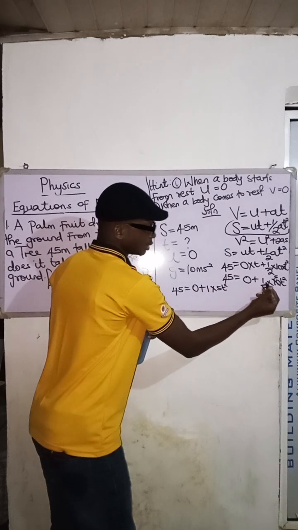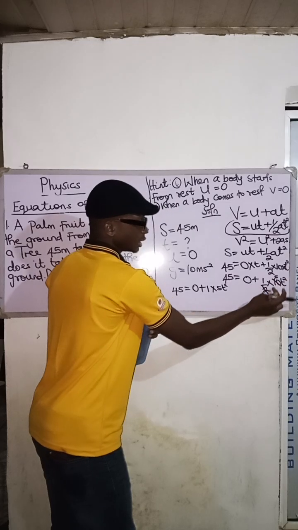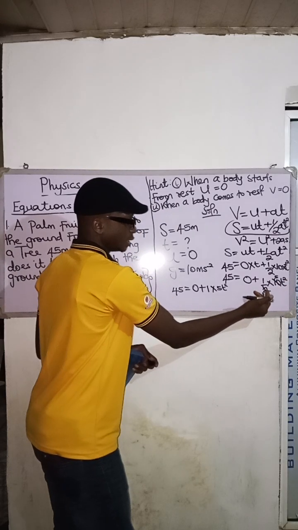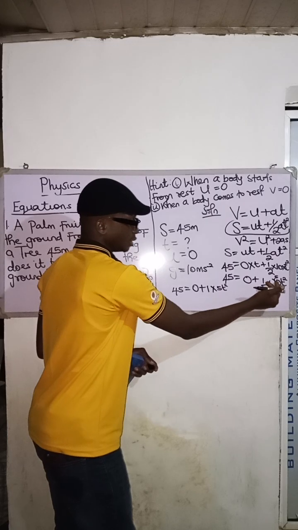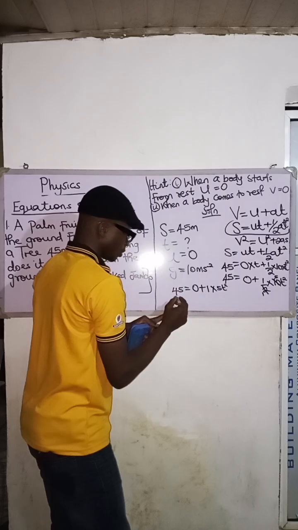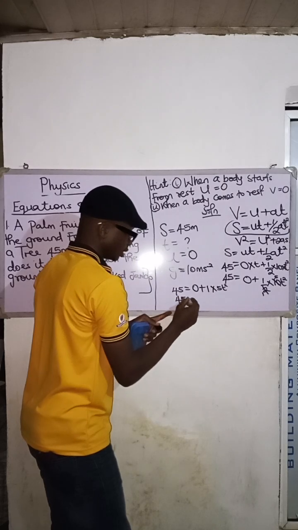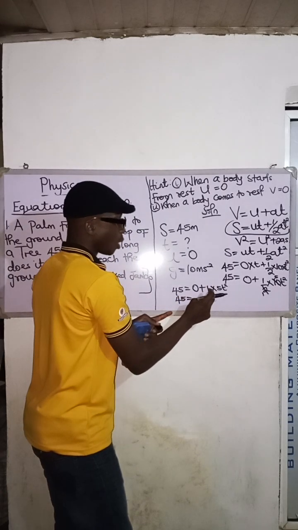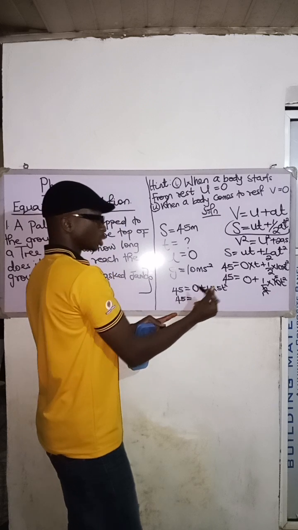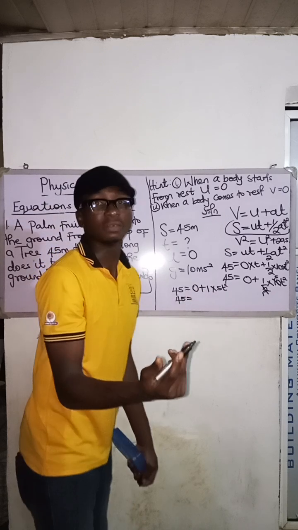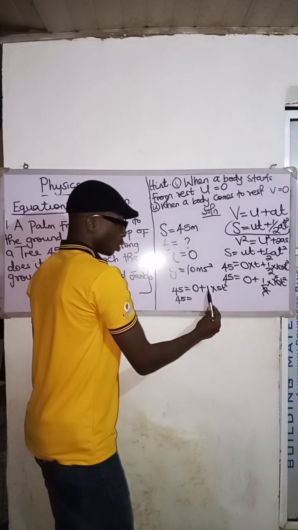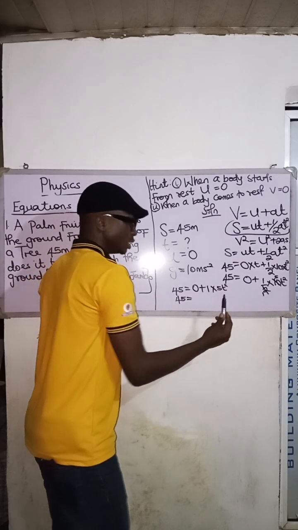We don't have a fraction again. 1 times 5t squared is 5t squared, and 0 plus 5t squared is still 5t squared.